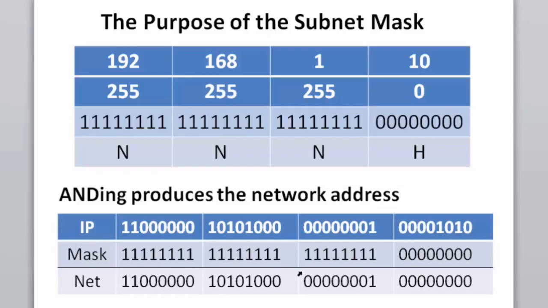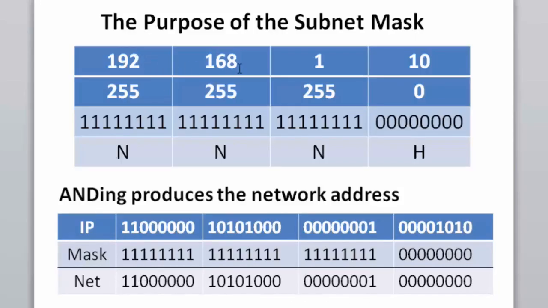This ANDing is a logical process. So a true and a true makes a true, true and true is true, false and a true makes a false. And if we logically AND the IP address with the subnet mask, we get the network address.